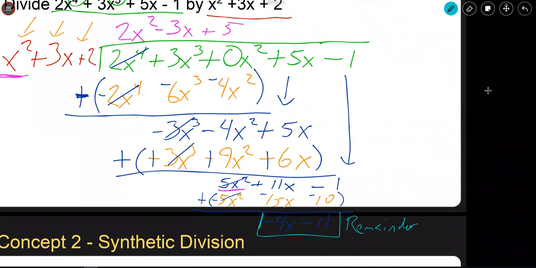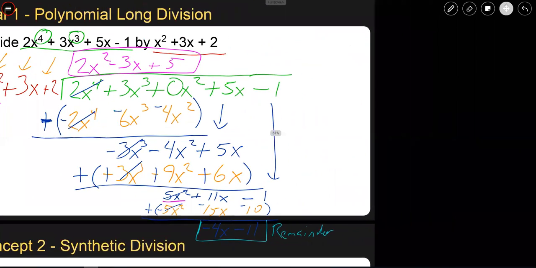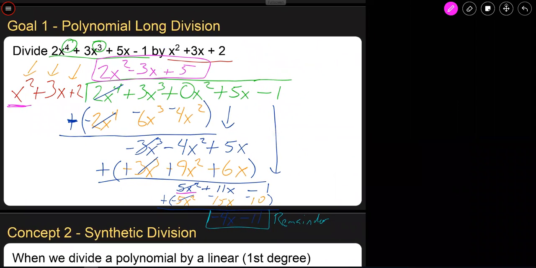So if I put this all together, the stuff at the top, that's my quotient. The stuff on the bottom is my remainder. So if I were to write this problem out in the form that we discussed earlier, I could take my dividend, the number that's being divided, 2x to the fourth plus 3x to the third plus 5x minus 1. That's my dividend. I'm going to divide it by my divisor, which is x squared plus 3x plus 2.